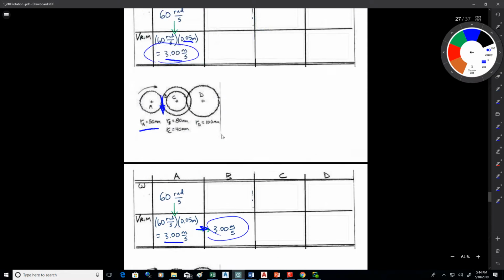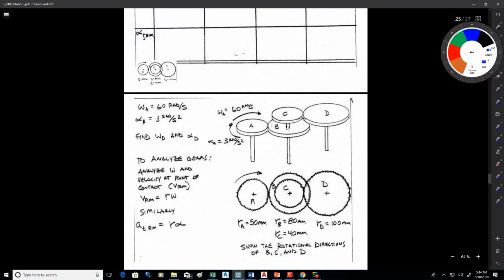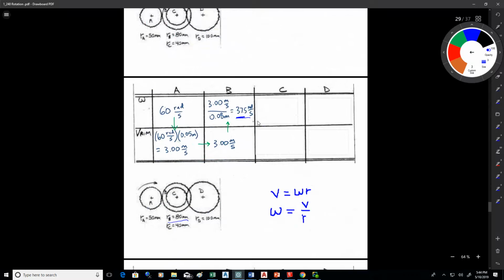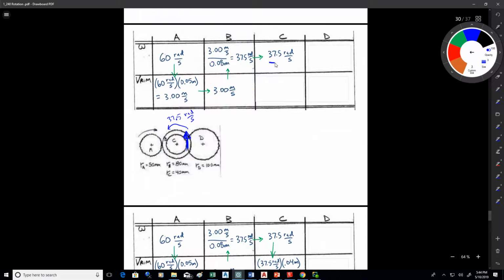Now B and C are on the same shaft, so I can take that omega and use it for C also. Let's put it right there.